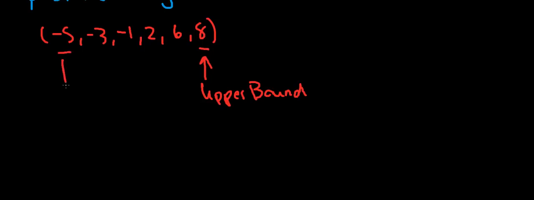And this right here would be the lower bound, because the function would have no zeros less than minus 5. So that's what bounds are. An upper bound is the greatest zero, and the lower bound is the smallest zero of a polynomial function.